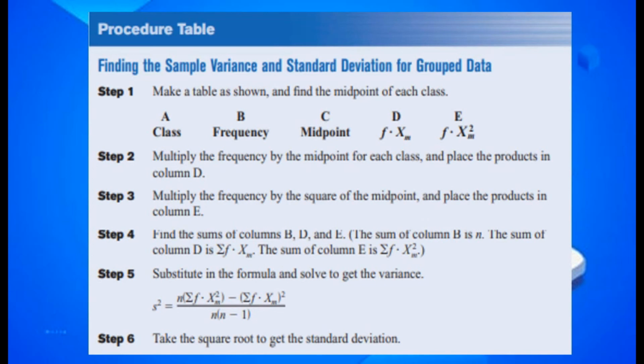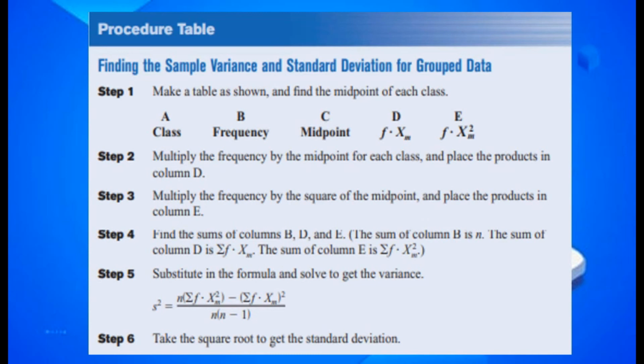The steps for finding the variance and standard deviation for group data are summarized in this procedure table. So, finding the sample variance and standard deviation for group data. Step 1, make a table as shown and find the midpoint of each class. We have here columns A, B, C, D, and E, wherein A is for the class, B is for the frequencies, C is the midpoint, D is frequency multiplied by the midpoint, and E is frequency multiplied by the midpoint squared.